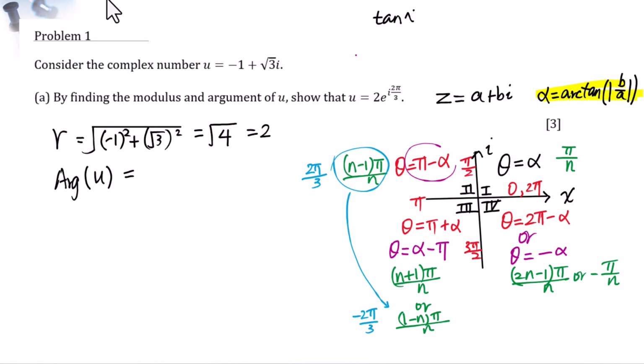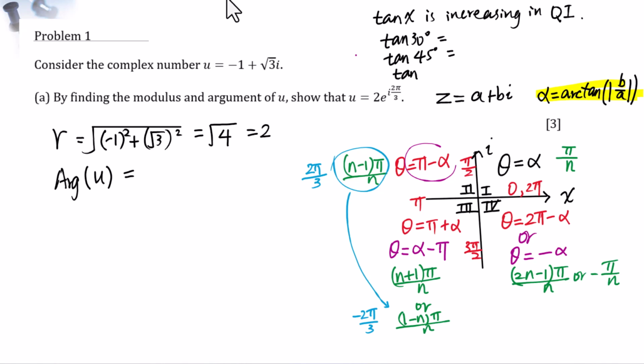Tangent function is increasing in the first quadrant. That's how you remember tangent 30 degrees, tangent 45 degrees, and tangent 60 degrees. Tangent 30 degrees will be 1 over square root of 3, which is square root of 3 over 3. Tangent 45 equals 1.